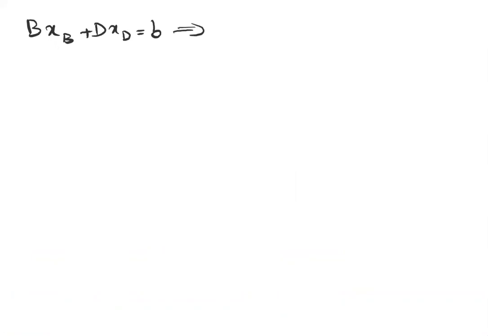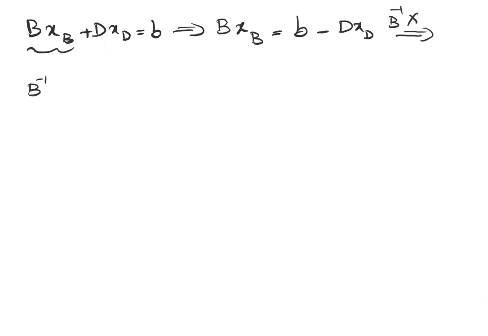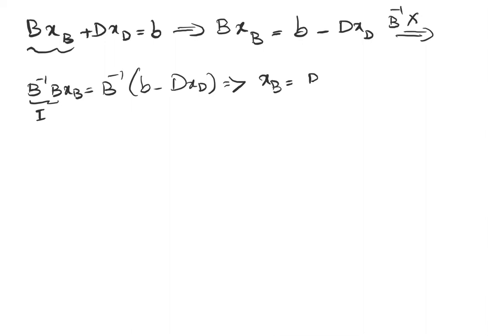I try to calculate the base variables. So we have B multiplied by X_B is equal to b minus D multiplied by X_D. Now I'm going to multiply both sides from the left by B inverse. It's going to be B inverse B X_B is equal to B inverse b minus B inverse D X_D. Because B inverse B is the identity matrix, X_B is equal to B inverse b minus B inverse D X_D.